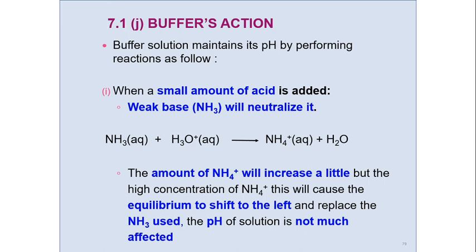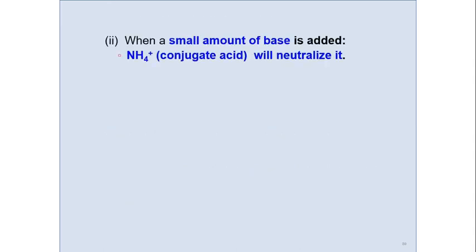So, ini telah menyebabkan pH of solution is not much affected. Dan yang kedua, when a small amount of base is added, conjugate acid NH4+ will react to neutralize it. Kalau kita tambah base, conjugate acid pula yang akan bertindak balas.